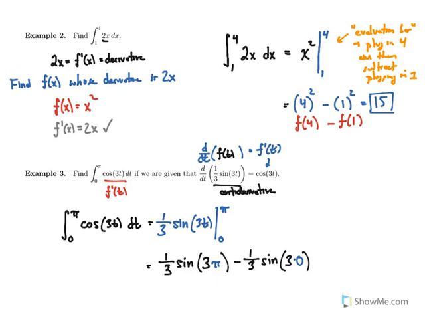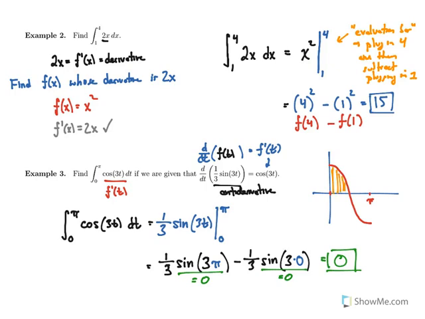And note that sine of 3 pi here is 0, sine of 0 is 0. This is all just going to be zeroed out, and that is our answer. And what this really means is that the integral of cosine of 3t, which is going to look something like this, from 0 to pi, looks something like this. The positive area counterbalances the negative area, and the total area is just 0.